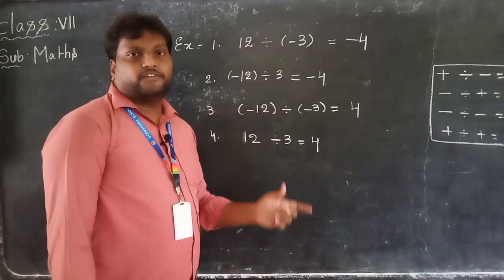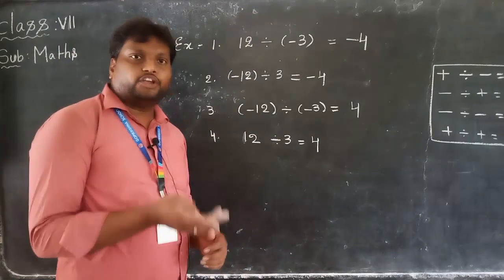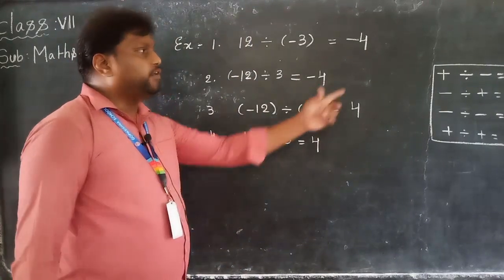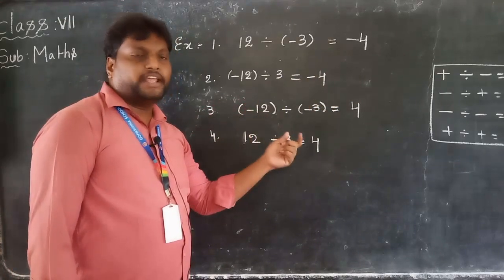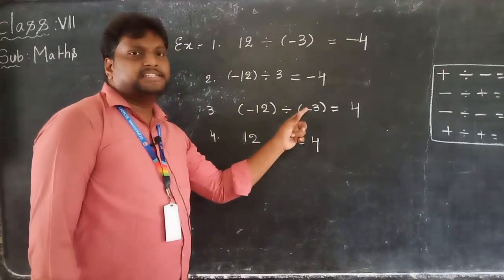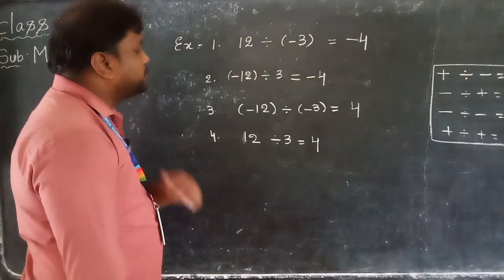The product, or the ratio, of one positive and one negative, or one negative and one positive integer will always get a negative value. The ratio or the product of two negative integers or two positive integers will always get positive.